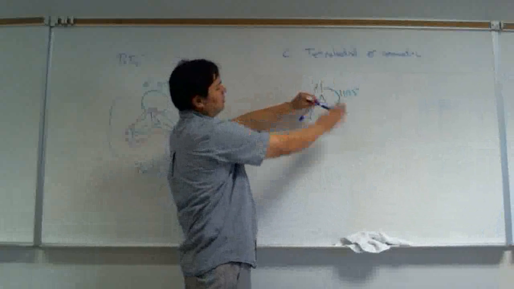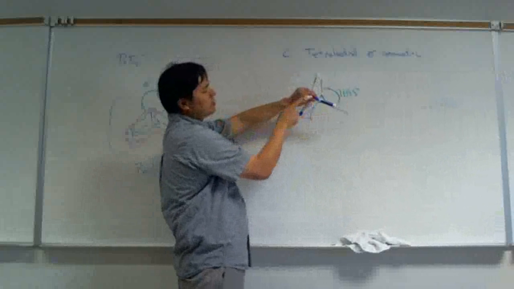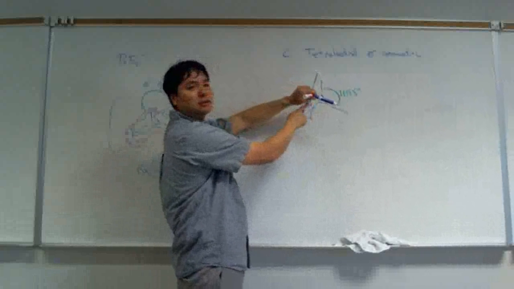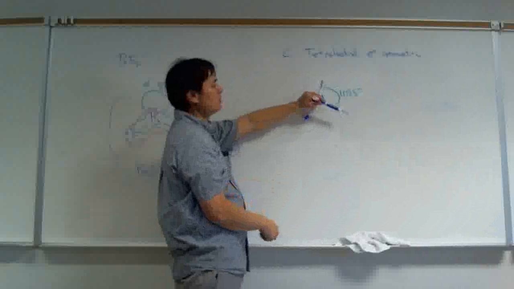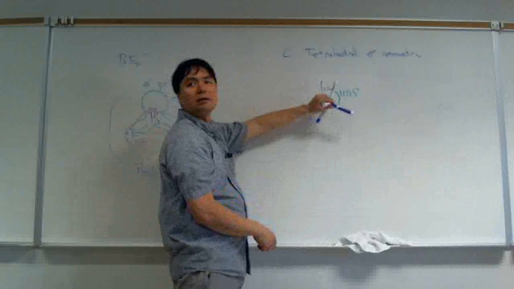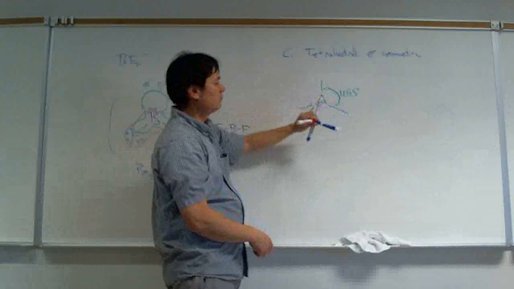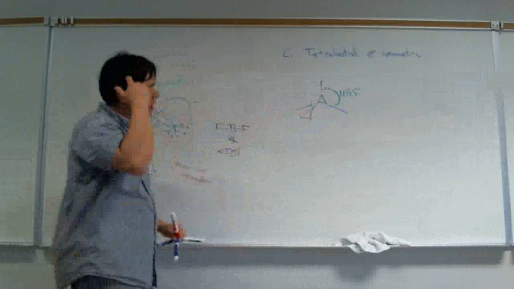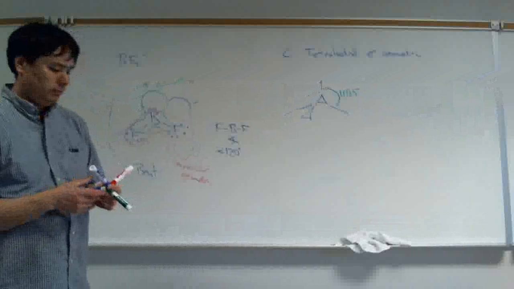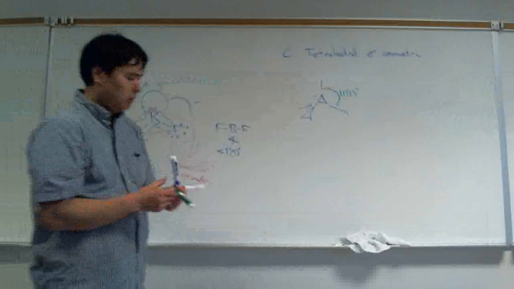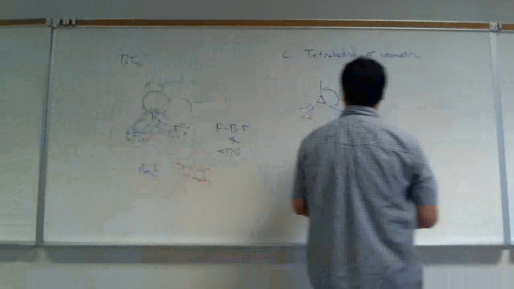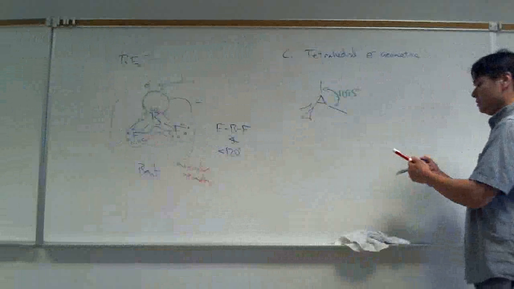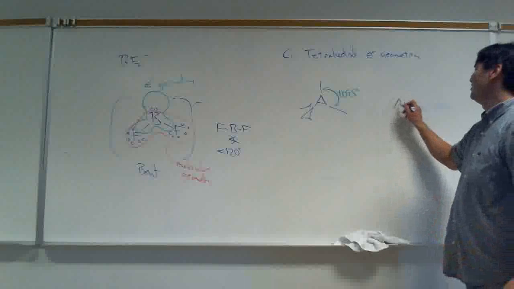What I'm trying to show here is this. Two of these are in the plane. This red one sticks out, and this one sticks in. This is how we typically draw on paper to show the geometry. But it doesn't have to be four bonds like this.